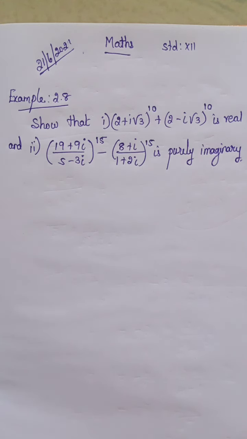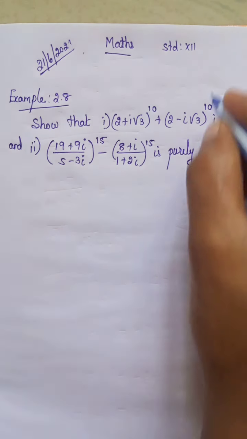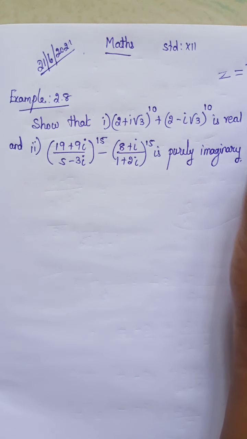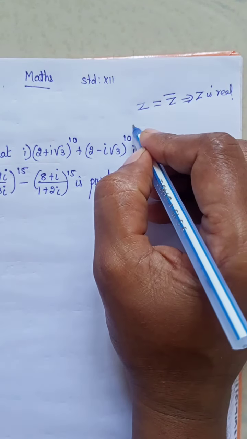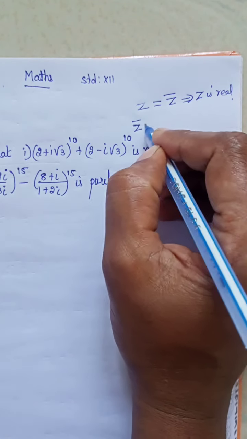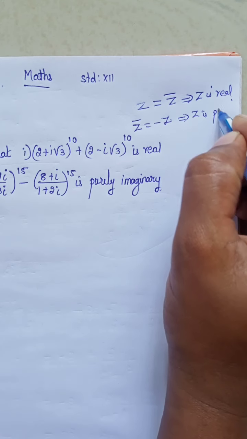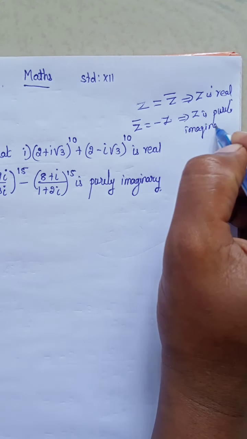In that, we have learned that if Z is equal to Z bar, then Z is real. In the same way, if Z bar is equal to minus Z, then we can say that Z is purely imaginary.